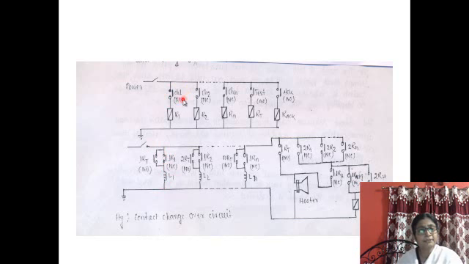Whenever any fault occurs at channel 1, the corresponding channel will open. Since this is normally closed type, the circuit will break, and the relay R1 will be de-energized.